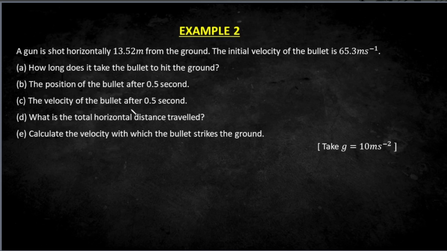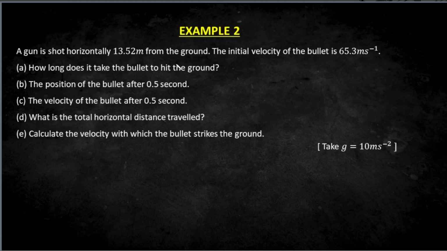So now this is the example we want to solve. So let's see how we solve it here. A gun is shot horizontally at this height from the ground.